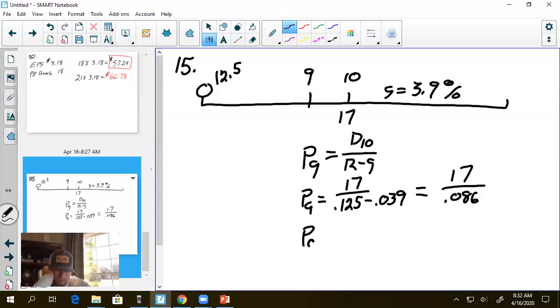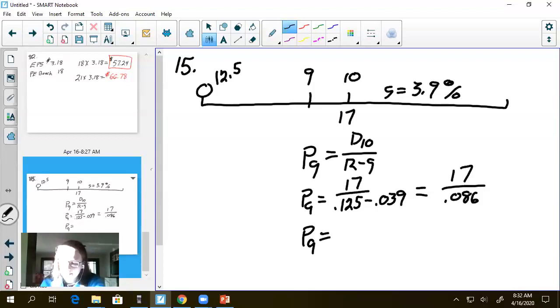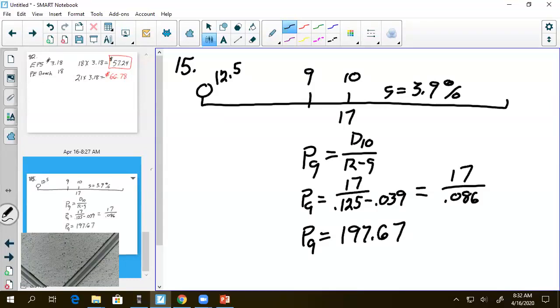So, Carolyn, what was your price there in year 9? 197.67. Okay. And then what do we do with it? Go back to P0. Exactly, Madison. Now we've got to do what we've done in chapters 5 and 6 and all that, and discount that back to P0 today.